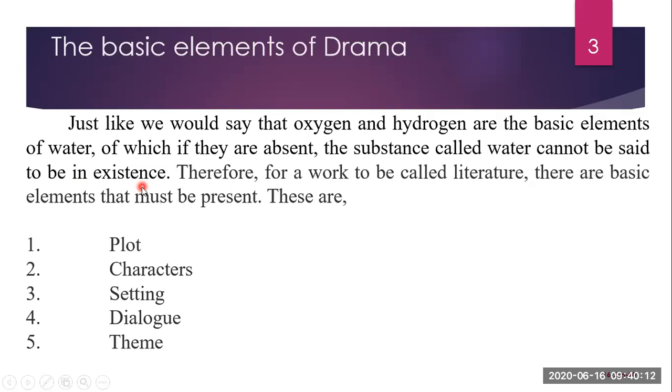There is no water if there is no oxygen and hydrogen. Therefore, for a work to be called literature, there are basic elements that must be present. What are these elements that must be present in drama? These are: first, plot; second, characters; third, setting; fourth, dialogue; fifth, theme.